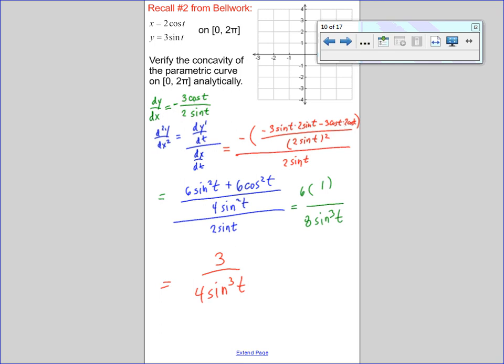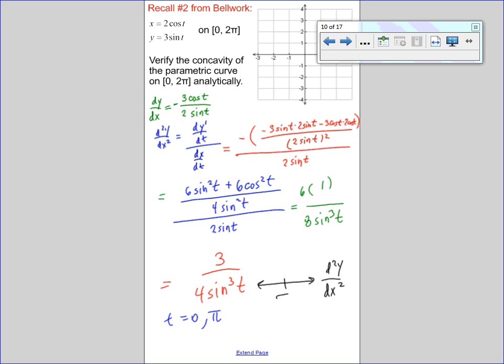So what are my possible point of inflection time values? Well, it looks to me like sine is 0 at 0 and pi, and so pi is the only one in the middle of my interval. So t equals 0 and pi, and we're going to make a d2y dx squared number line.